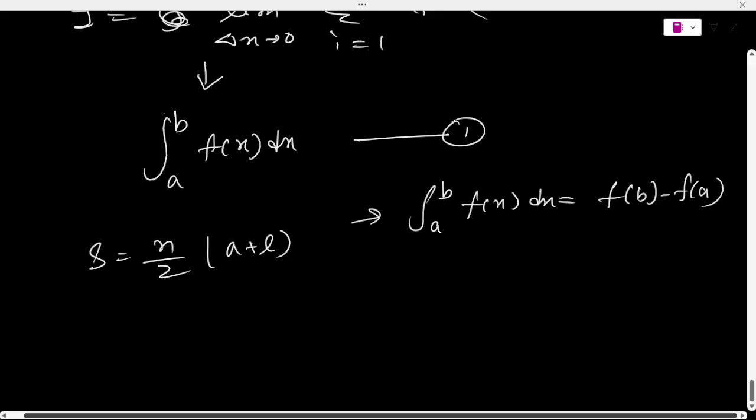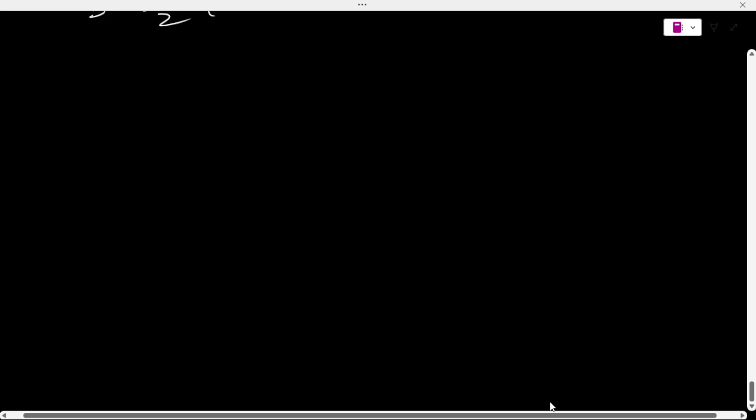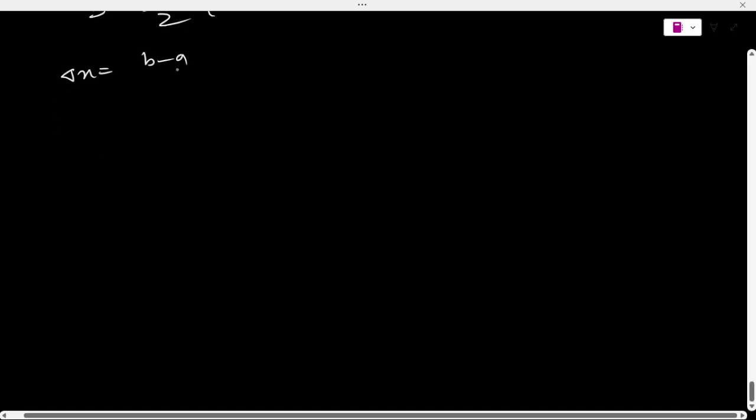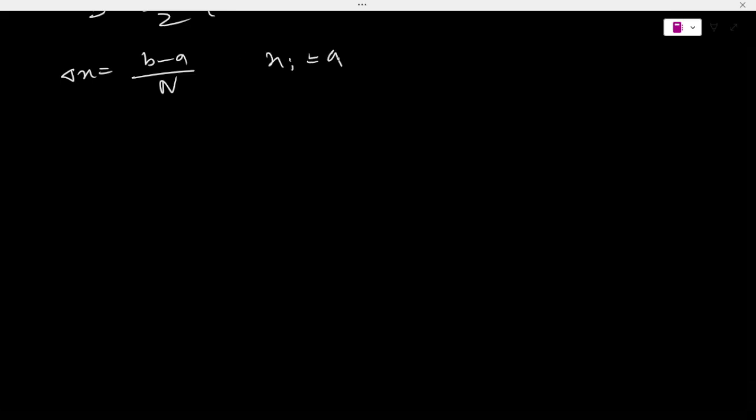To prove this, we first need that Δx is b minus a divided by n, where xi is a, a + Δx, up to b − Δx.